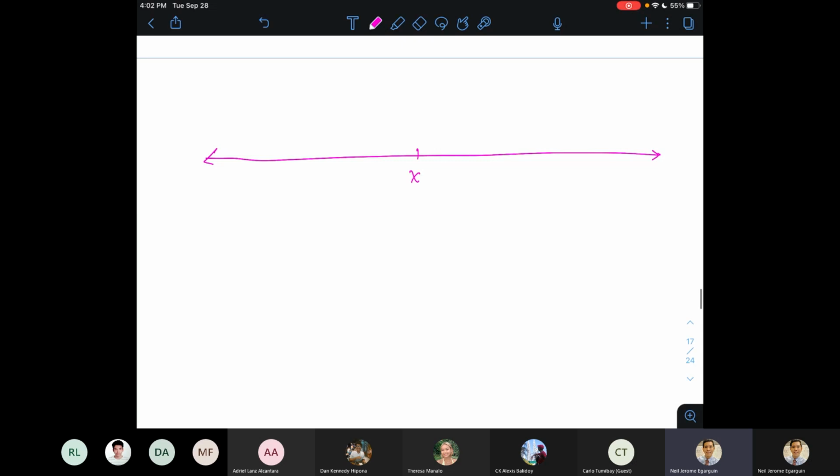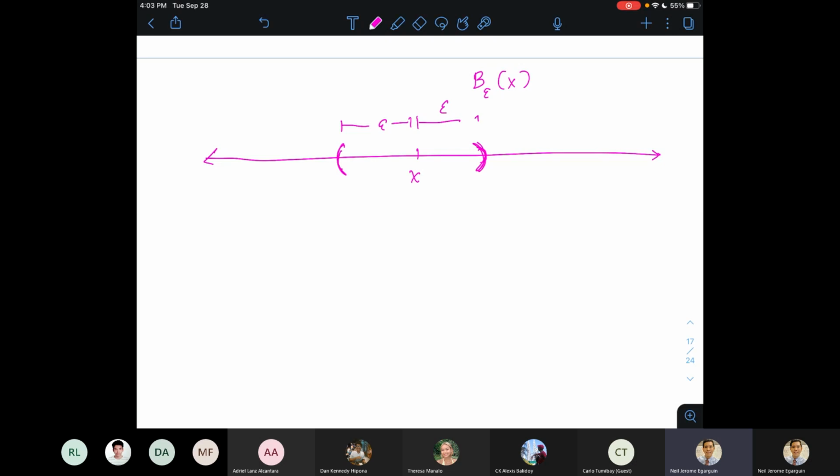So if x is situated here, you want to see what the open ball centered at x with radius epsilon is. So from x, you just measure epsilon units to the left and epsilon units to the right. And there you go. This would be your open ball or epsilon neighborhood around the number x.